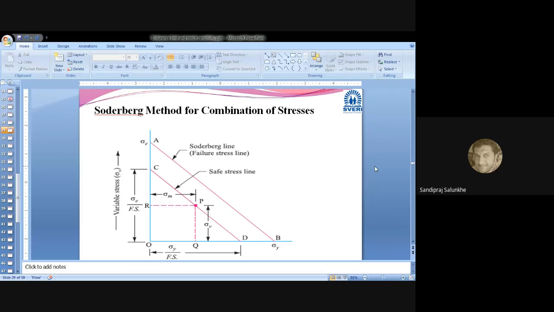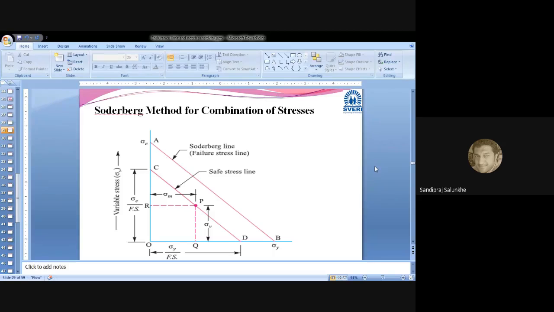Whereas he has considered that Moore's experiment by means of which we have calculated the endurance limit stress, and that endurance limit stress he has taken as one criterion, and as well as the normal SUT, that is the ultimate tensile stress, he has selected as the other criterion. And by using these two stresses, he has given that diagram, and he has graphically represented the values related to the failure.